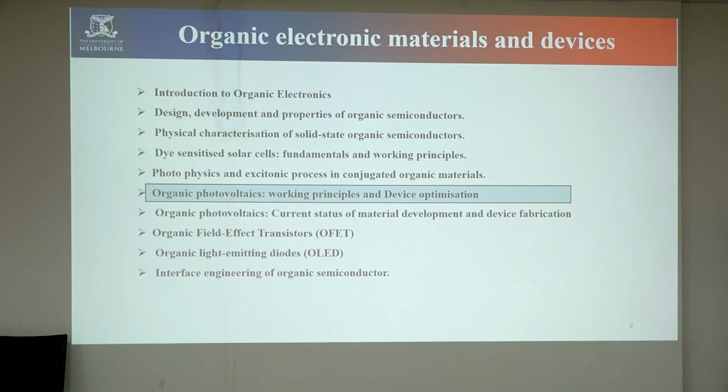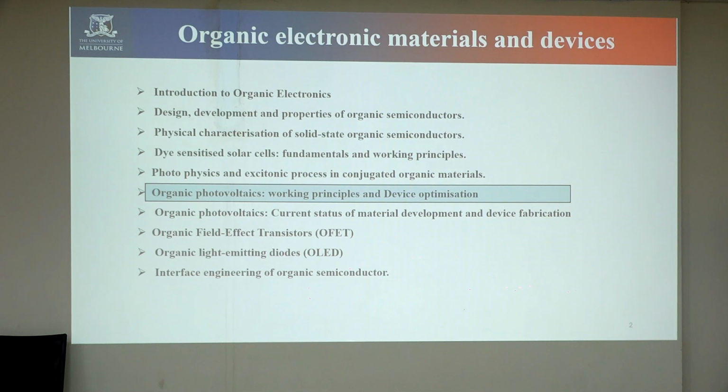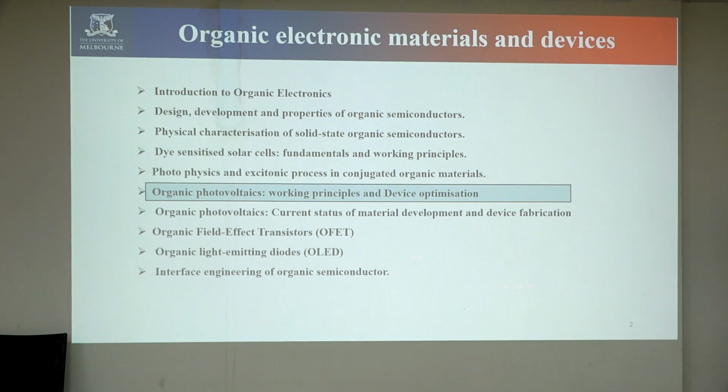So what are all the techniques we used? That's important. Yesterday I talked about how it's not only one factor, it's an interplay of multiple factors to make a good cell. We have seen how to design a good organic semiconductor. That's one part. Then we define the properties, the energy levels, and how to determine the energy levels.